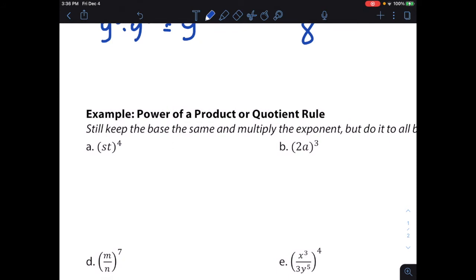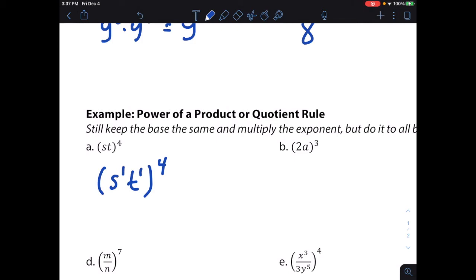So we can expand the power rule a little bit by looking at products inside of a power. So in this case, we have s and t, two different variables. We're taking it to the 4th power, and this is one where we might want to just remind ourselves that those have ones on them. And anytime we have multiple bases within a set of parentheses, so we have two bases, we have an s and a t, they're both bases.